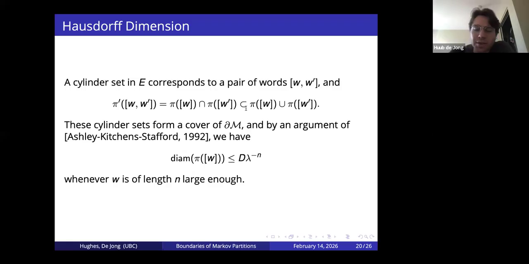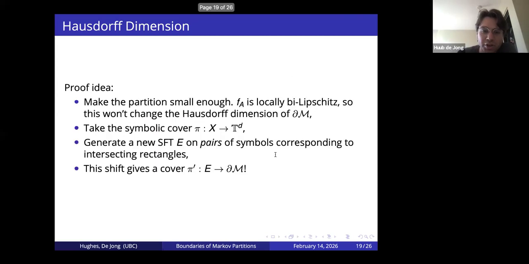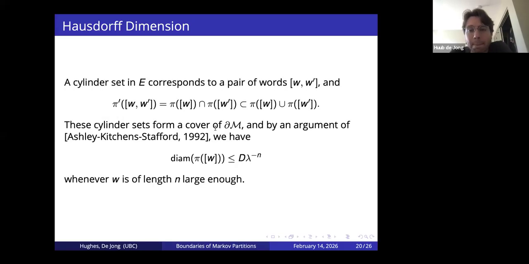That means a cylinder set corresponds to a pair of words where the respective words are words from the original symbolic cover X. I use this bracket notation to mean a cylinder set specified by the words W and W prime.